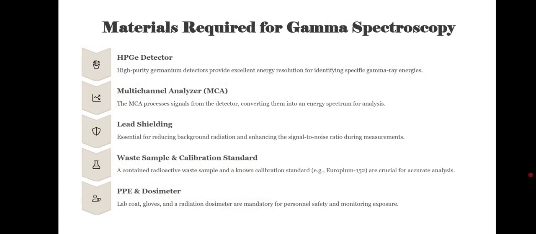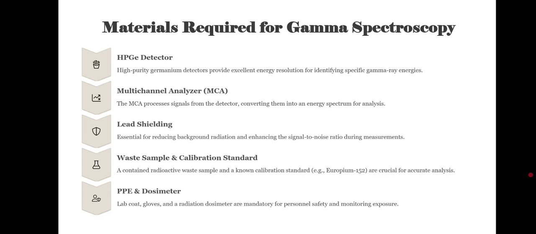To perform accurate testing, we need specialized equipment. The high purity germanium detector captures gamma radiation with great precision for identifying specific gamma energies. A multi-channel analyzer processes the data from the detector, converting it into an energy spectrum for analysis.